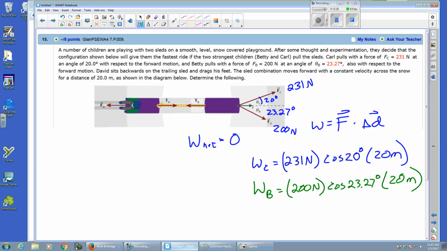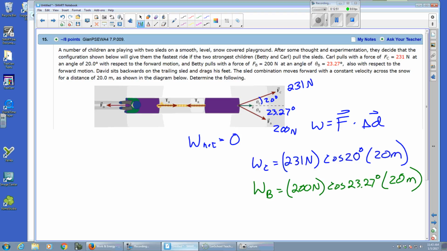Because the net work is 0, whatever work they're doing on that first sled has to be counterbalanced by the work the tension is doing, forward and backwards that whole way there.